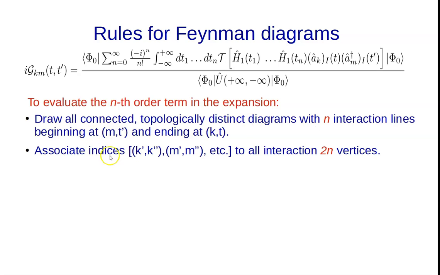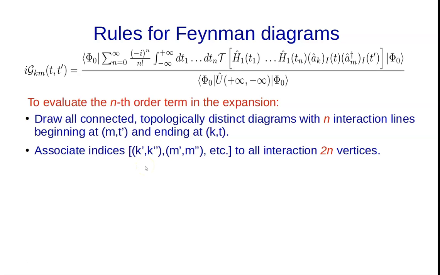Then you associate indices k, k', k'', etc., to all the interactions, the 2n vertices in the interactions, right? So if you have n interaction lines, you have 2n vertices. For each one of these, you have to assign indices that go in and out of the vertex, all right?